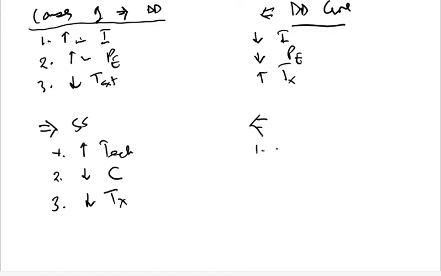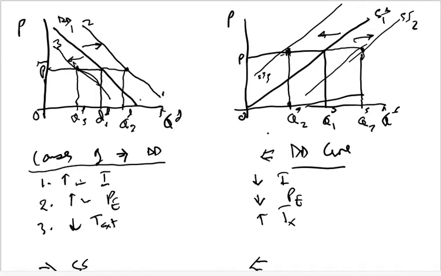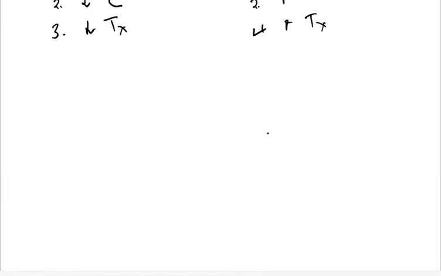So it's going to be maybe a reduction or deterioration of technology. We can talk about increasing cost of production. The government policies, of course, will also be here, and then we can also talk about maybe an increase in tax. So all these will cause shifts in the demand curve or in the supply curve, depending on what you analyze.